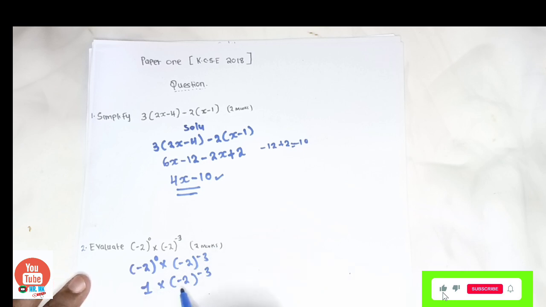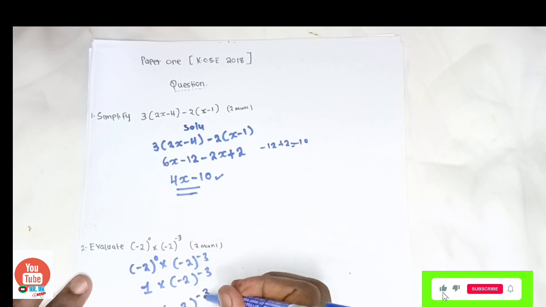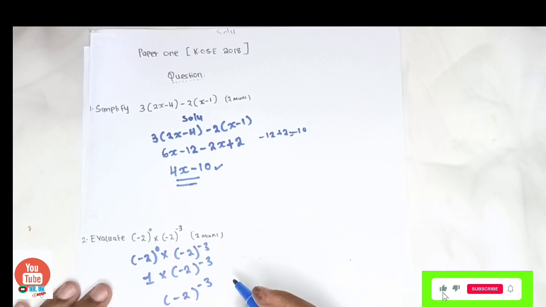Now, 1 times (-2)^-3 is just the same as (-2)^-3. From there, the law of indices says that any number raised to a negative power is written in the form of a fraction.